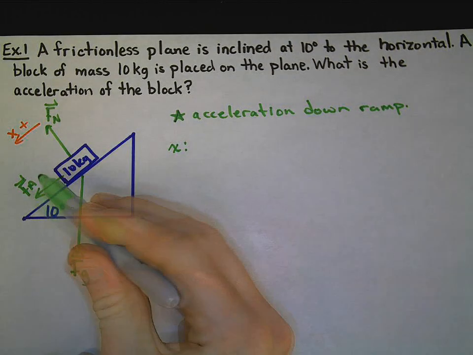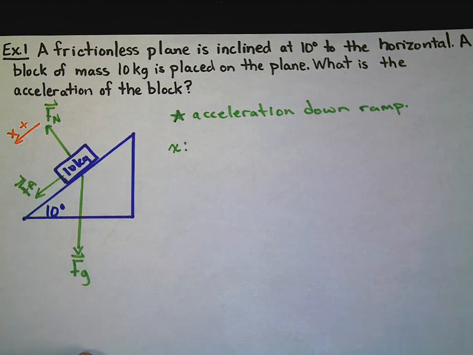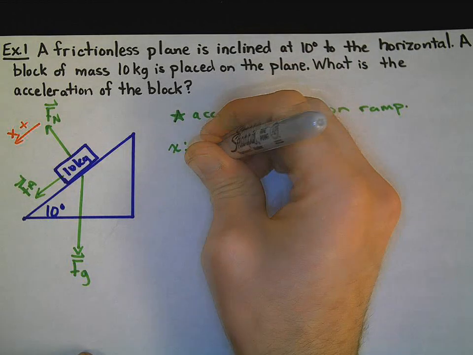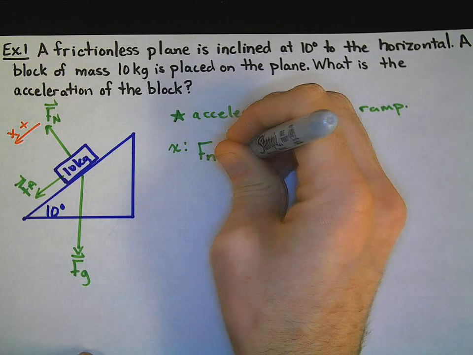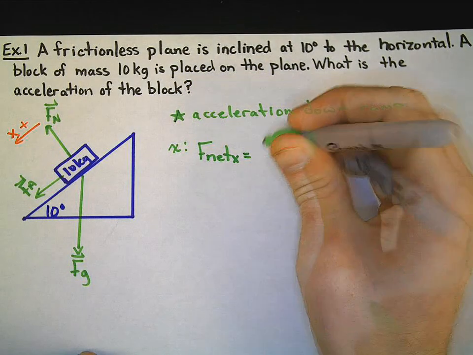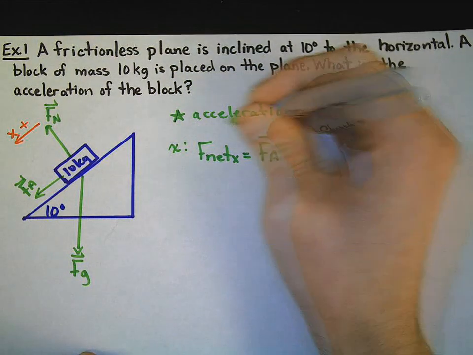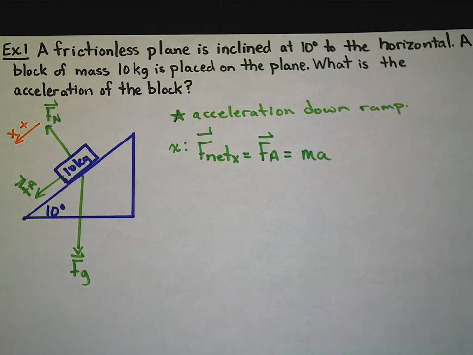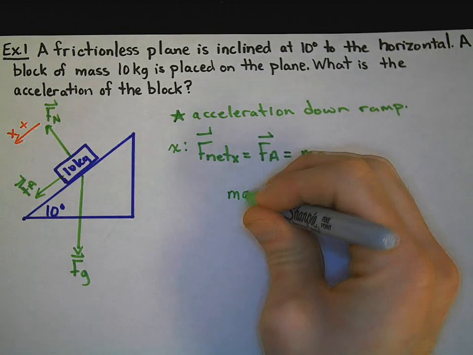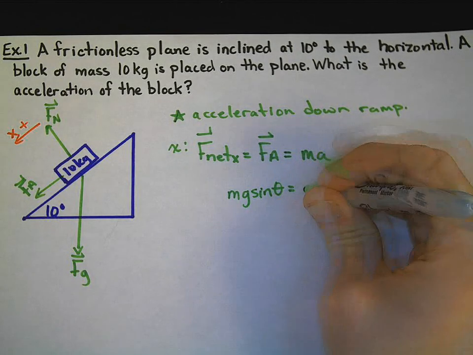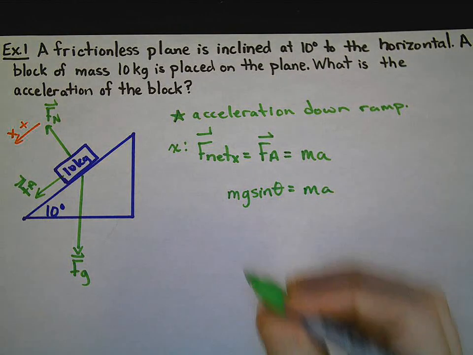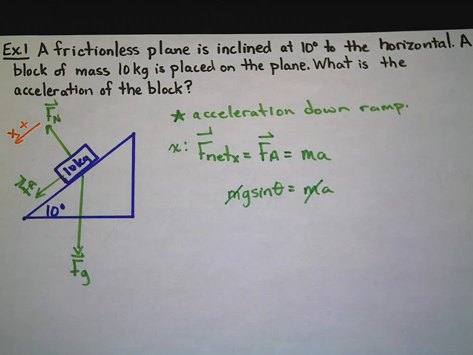And from looking at this, we only have one force acting in the x direction. So therefore, my net force in the x direction is merely going to be equal to my force applied, which I know is mass times acceleration. And my applied force from the previous page, we know, is mg sine theta, and that equals my mass multiplied by the acceleration. And what do you see that's on both sides of the equal sign? M's. So they cancel out.